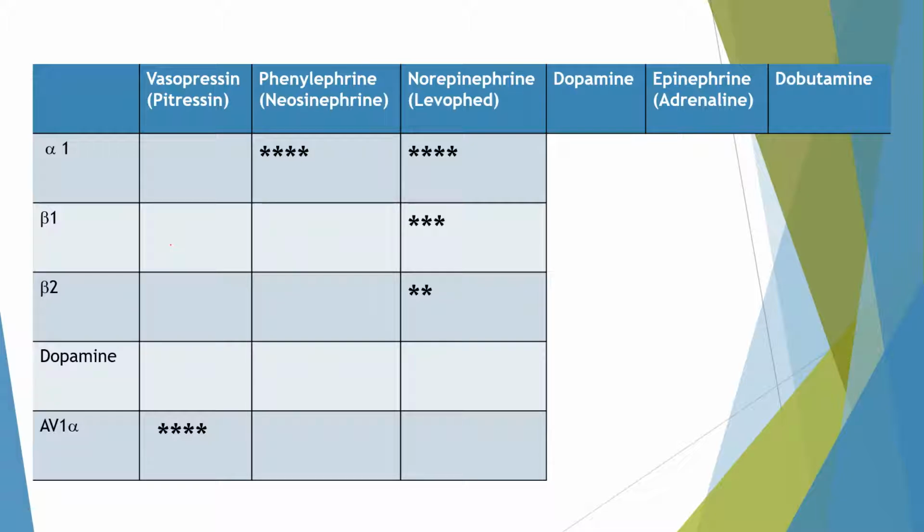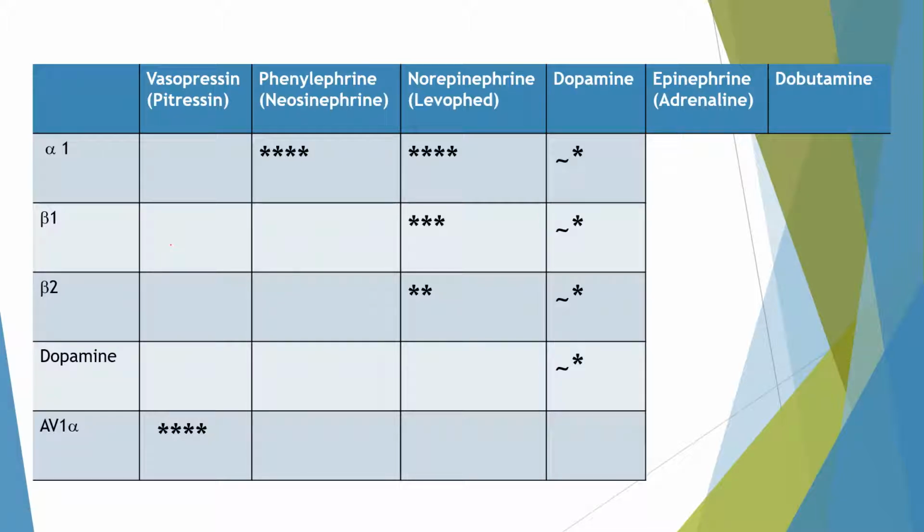So overall, the effect on alpha-1 and beta-1 will outweigh the effect of beta-2. Dopamine is a dose-dependent medication, so I'll talk about that further, but that affects alpha-1, beta-1, and dopamine receptors, depending on the strength of the dopamine that you use.